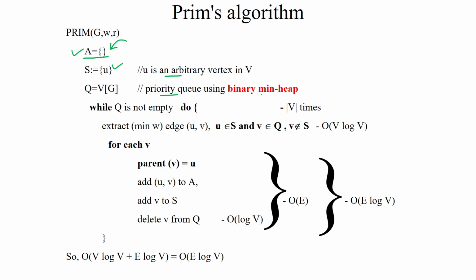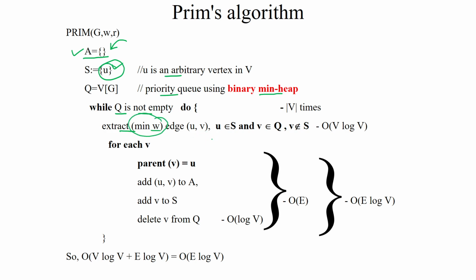The priority queue is constructed by using a min heap. While the priority queue is not empty, that means it has edges, we will extract the minimum weight edge between u and v. Already we selected vertex u, so from the outgoing edges of u, we will select the minimum weight edge.